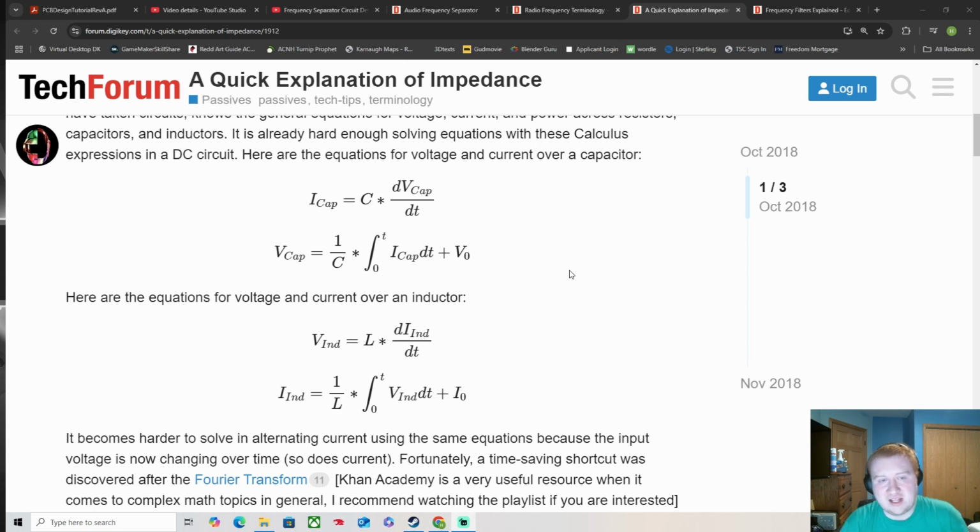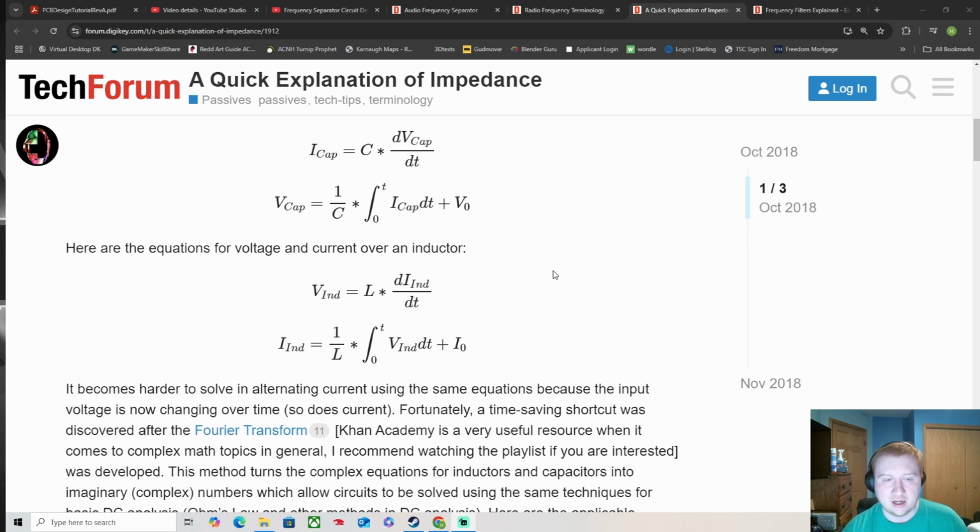It simply means that voltage will change over time based off of the current, and current will change based off the change in voltage. It's really simple. The current and voltage over the inductor is kind of the opposite.